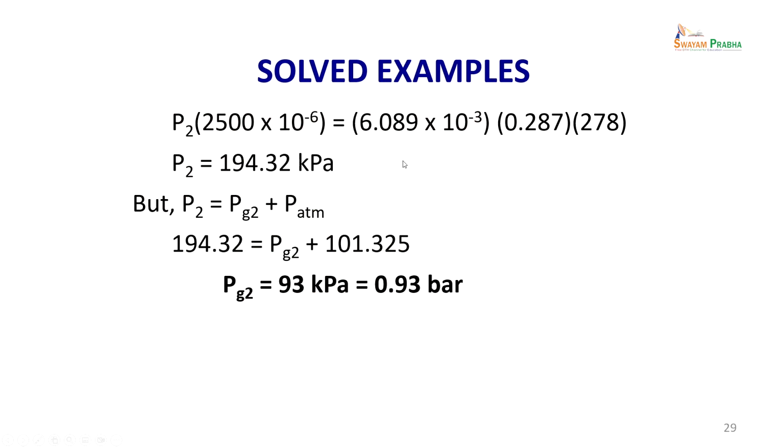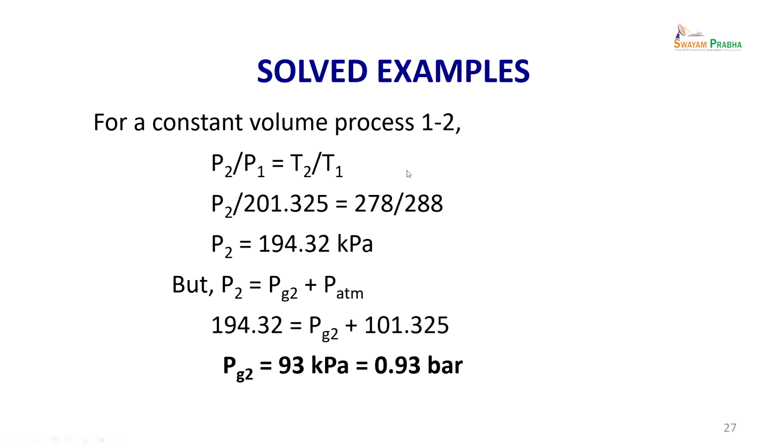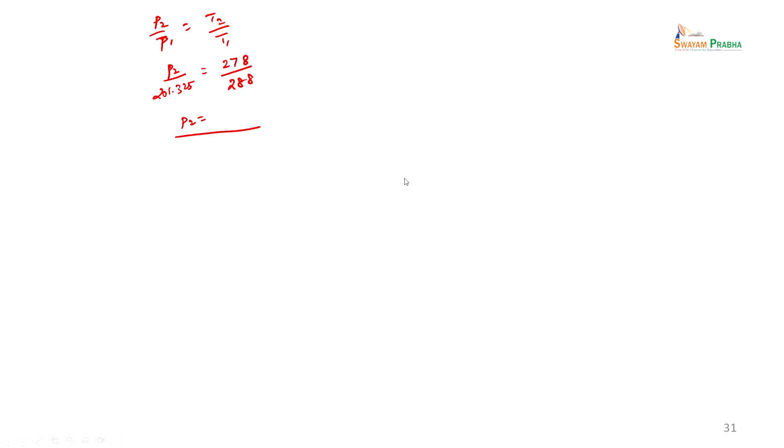When you calculate, you will get P2 as 93 kilopascal, or divide by 100 to convert kilopascal into bar, 0.93 bar. This is again the absolute pressure at state point 2.